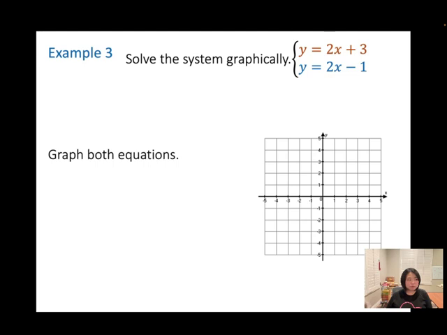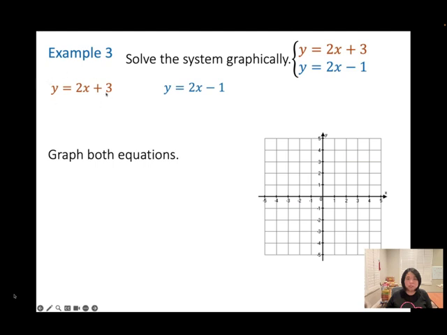Second one. This time, we're going to graph with the slope-intercept form. Remember, y equals mx plus b, where m is the slope and b is the intercept.